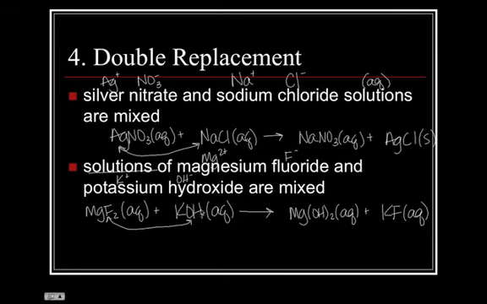Oh, actually, take that back. After metals, I do polyatomic ions that go from one side of the equation to the other without breaking apart. And since my hydroxide stayed together, I'm going to balance it as 1. So I've got 1 hydroxide on the reactant side, and I have 2 hydroxides on the product side. So that means I need 2 KOHs.